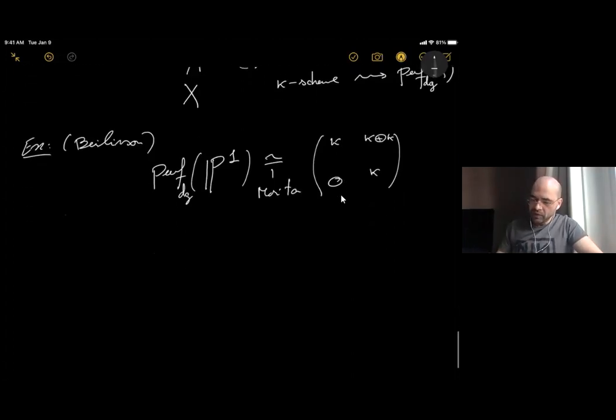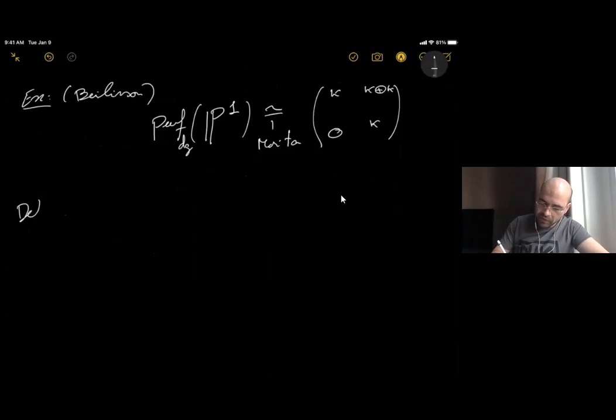And then I'm interested not in this generality, I'm interested in a particular class of DG categories, which was defined by Orlov.